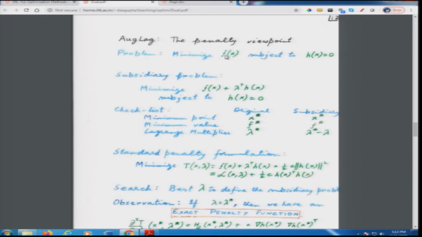As you see, if its first order necessary conditions are satisfied, then this problem's first order necessary conditions will also be satisfied.